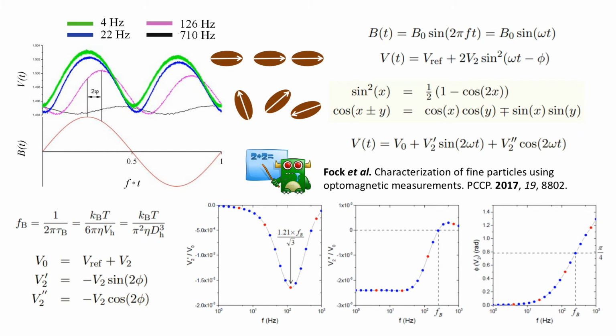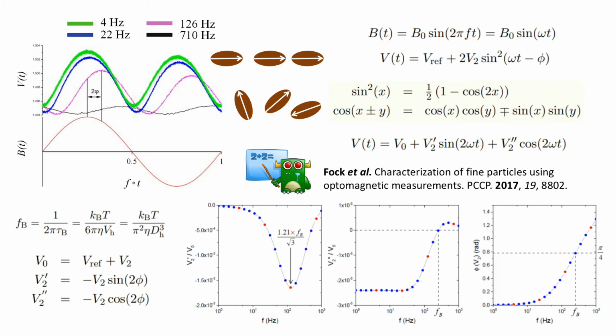See, this is how they change their orientation in a high frequency oscillating magnetic field. They almost stay randomized. But at low frequency, there is plenty of time for the nanoparticles to align with the magnetic field.